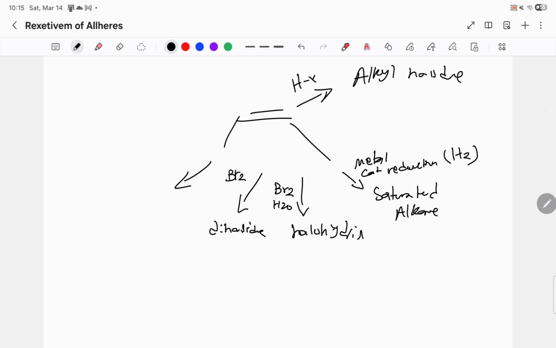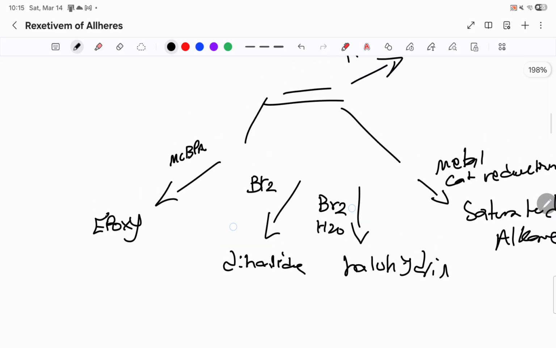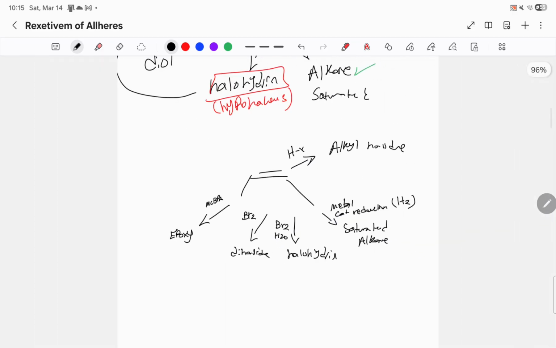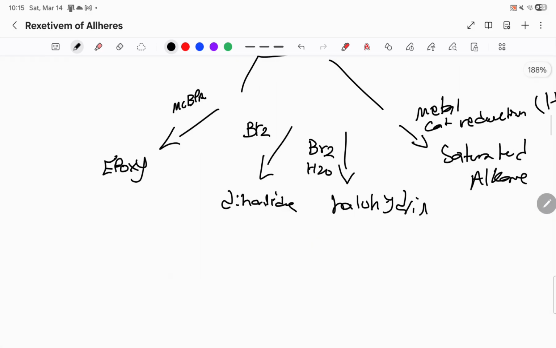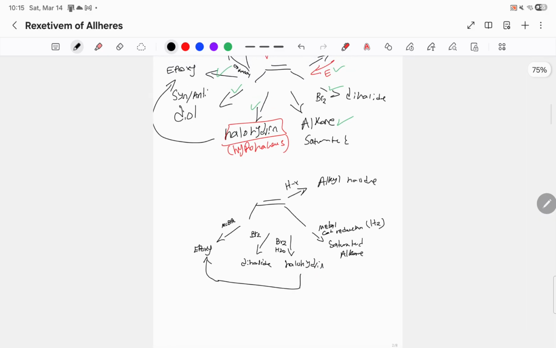I can get an epoxide, and I can do this in two ways, actually. I can use metachloroperoxybenzoic acid on the alkene, or I can get my halohydrin to turn into an epoxide by way of an intramolecular SN2 reaction.